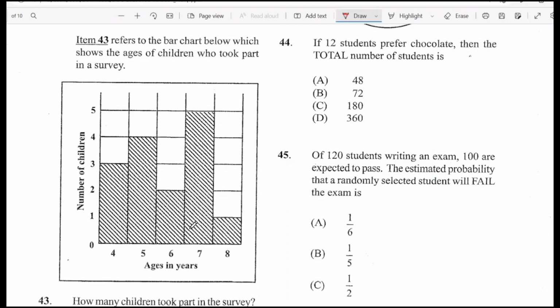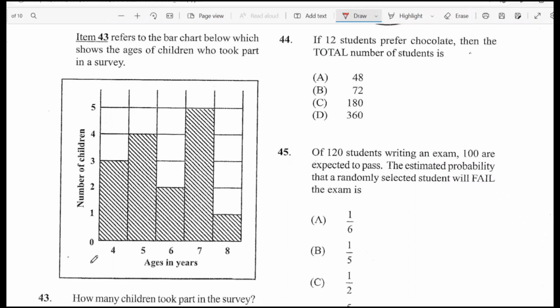Next question. Item 43 refers to the bar chart below, which shows the ages of children who took part in a survey. Ages.